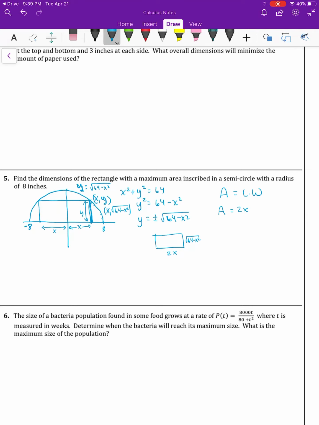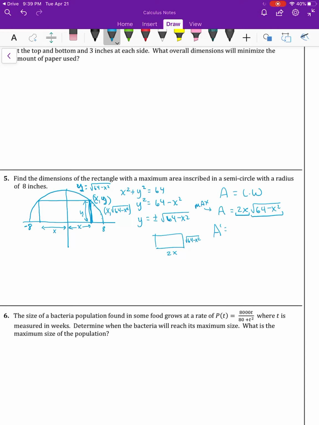So we're trying to maximize the area of the rectangle. The area of the rectangle is length times width. And so you can see that this rectangle is 2x by y, but your y is the square root of 64 minus x squared.